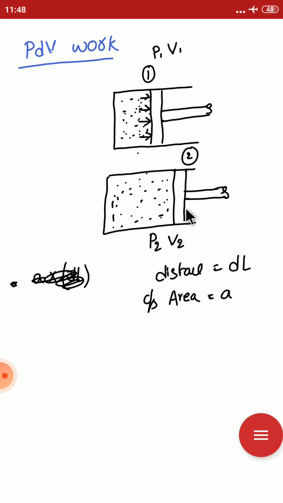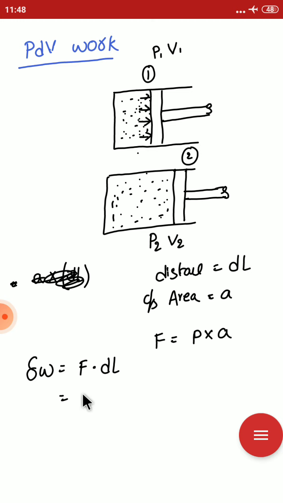The force acting upon the gas in the cylinder, force F, is pressure times area, P into A. Now, the infinitesimally small amount of work done by the piston is the force times the distance moved in the direction of the applied force: F is P into A, into dL.